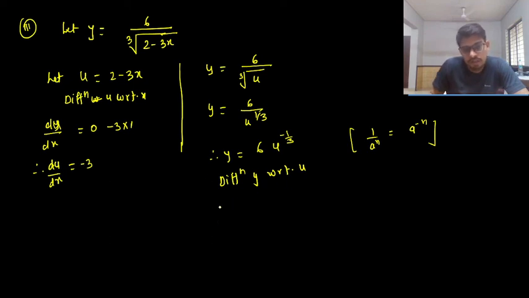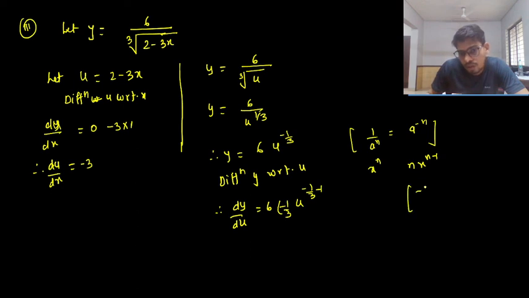Here derivative of y with respect to u will be 6 is coefficient, and its derivative we will find out using this formula: x raised to n is n x raised to n minus 1. Here on the place of x we have u, and on the place of n we have minus 1 by 3. So it will be n, that is minus 1 by 3, and u raised to minus 1 by 3 minus 1.